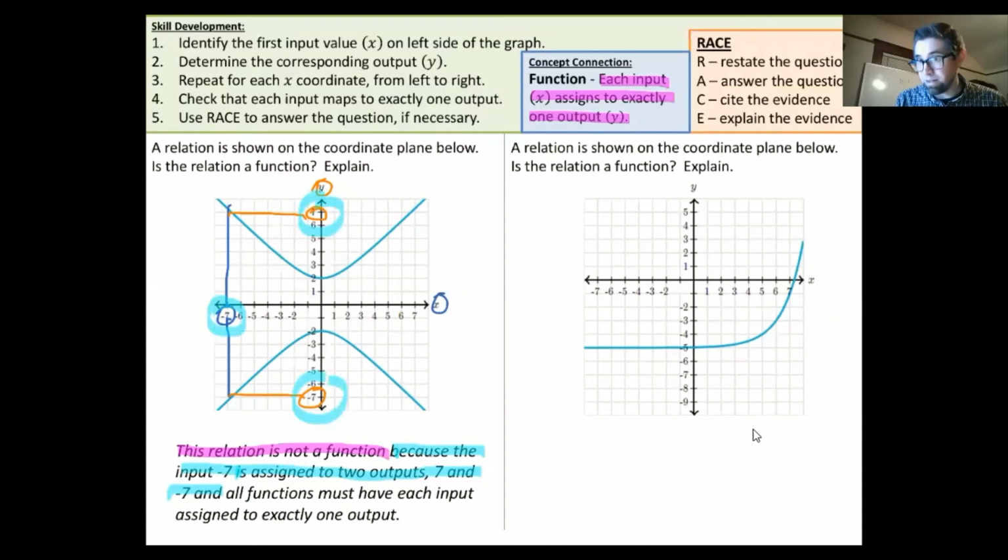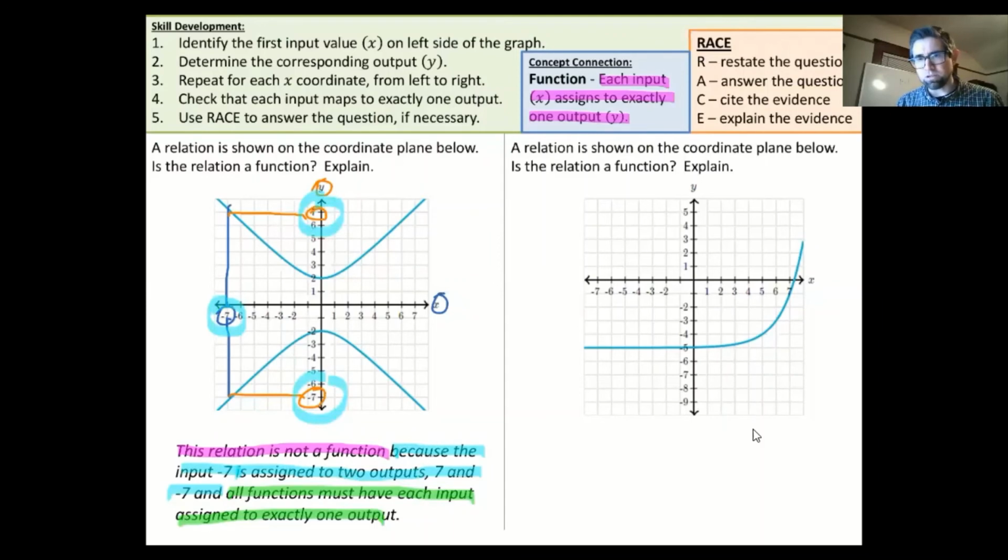Now, why does that matter? Well, that's the next part. Let me explain my evidence here. All functions must have each input assigned to exactly one output. So I would say this is not a function because the input -7 is assigned to 2 different outputs, both +7 and -7, and all functions have to have exactly one output assigned to each input. So this is not a function.